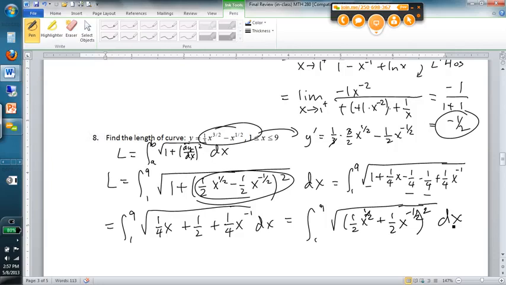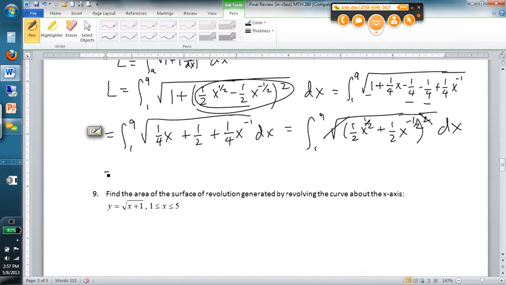It's usually how those funky looking ones for these come out. And that's good because the square root and the square all cancel out. So it's just the integral from 1 to 9 of 1/2 x to the half plus 1/2 x to the minus 1/2. So now we can just do the power rule. What do I get?